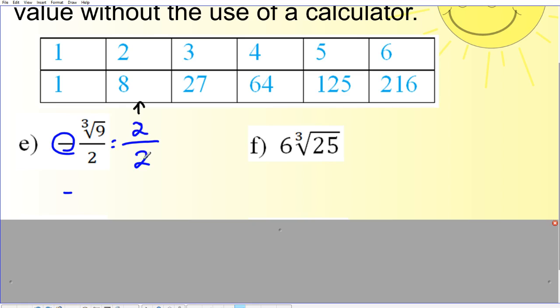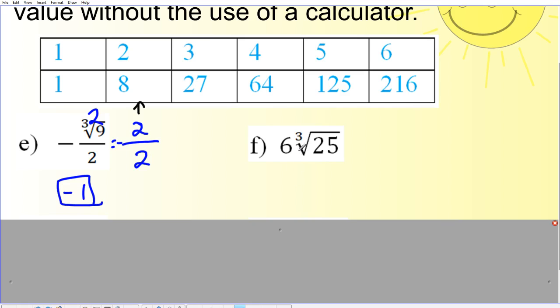And then when I take 2 divided by 2, I'm going to get about 1. So this whole expression has a value of about -1. This is about 2. 2 divided by 2 is 1. Don't forget your negative.